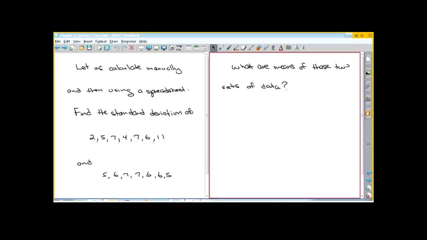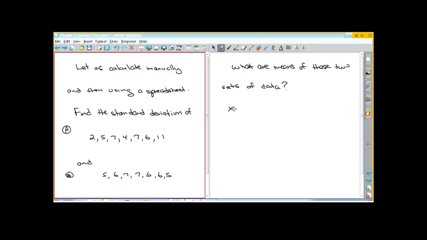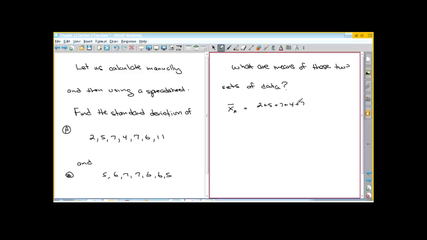Okay, so the first question is, what are the means of the two sets of data? Well, we'll call this set A, we'll call this set B. So the mean of set A data is just equal to 2 plus 5 plus 7 plus 4 plus 7 plus 6 plus 11 divided by 7 data points.